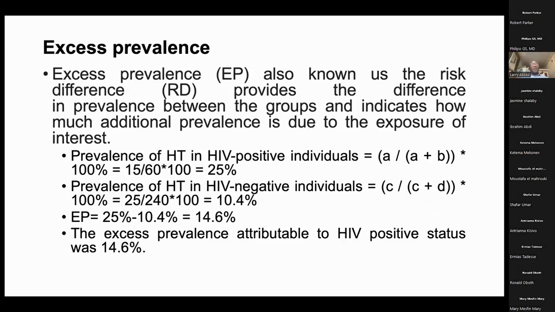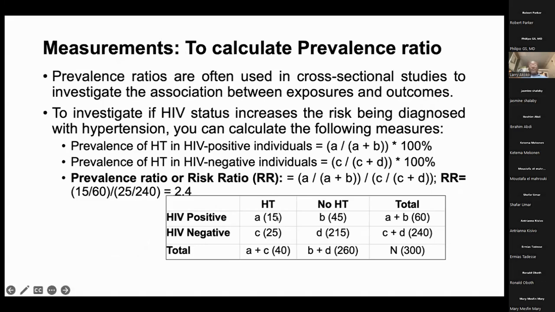So in this case, we go back to the same table. The prevalence of hypertension in HIV individuals was 25%. If you come here, it would be 15/60, and that's 25%. And the prevalence of hypertension in HIV negative would be 25/240.